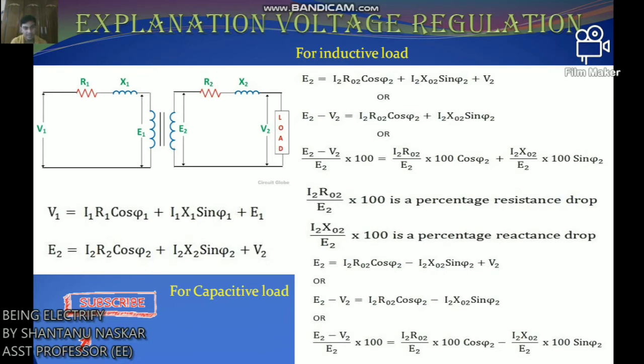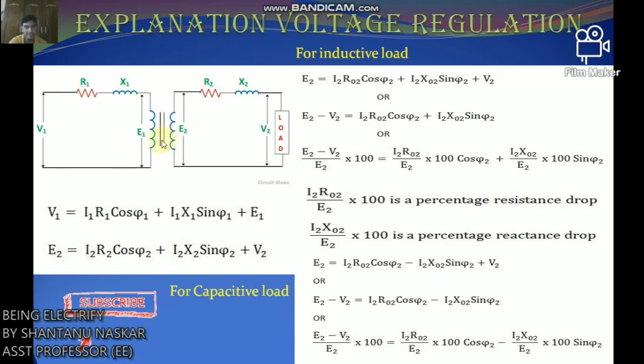Now if the transformer is fully loaded, the load is connected to the secondary terminal. Look here, the voltage drop appears across it. The value of the voltage regulation should always be less for better performance of the transformer.